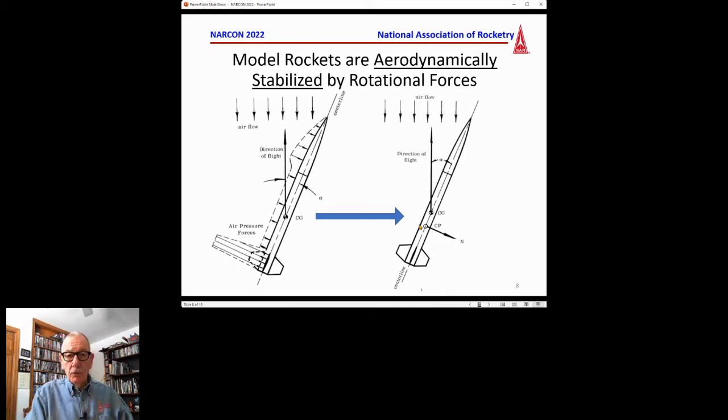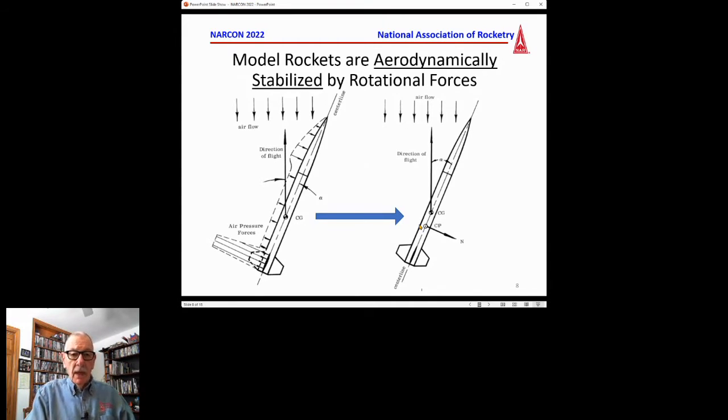Because it rotates around the center of gravity, the distribution of weight, or the mass, is equal all around the center of gravity, but for aerodynamic forces, that's not the case. For aerodynamic forces, they are distributed by the shape of the rocket primarily. And when a rocket is at an angle of attack, it's shown here as alpha. The angle alpha is typically what we use to show an angle of attack.